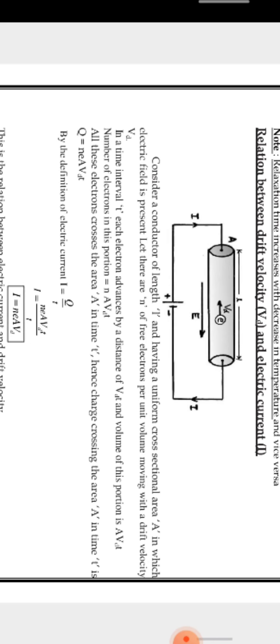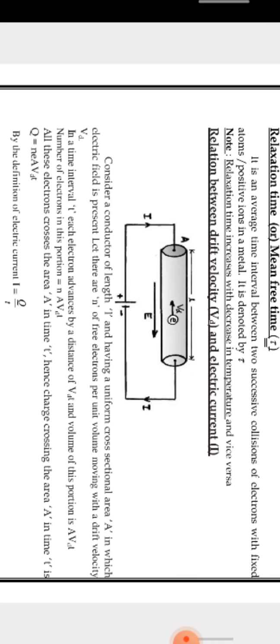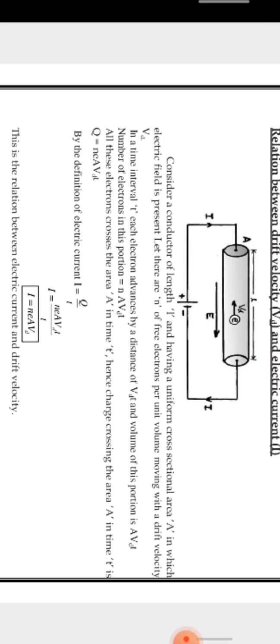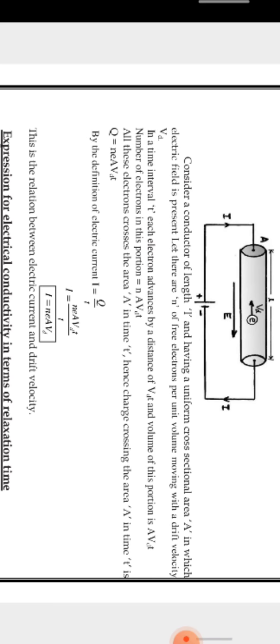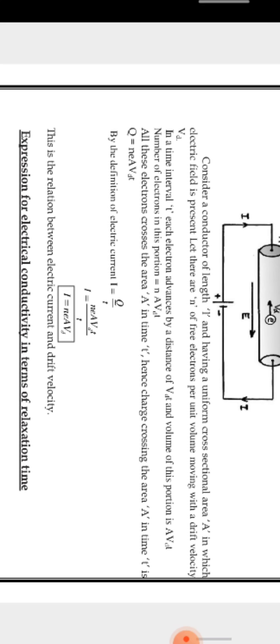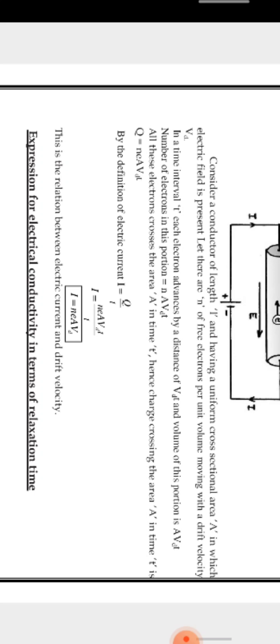Next, this question is actually very important for 3 marks: the relation between the drift velocity and the electric current. The same explanation seen previously is applicable here also. Consider a conductor of length L and uniform cross sectional area A, in which an electric field is present.